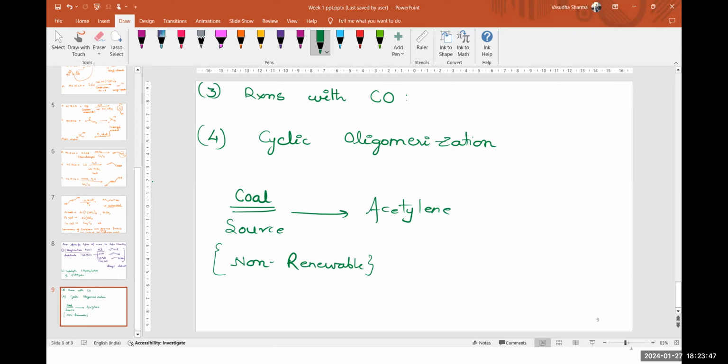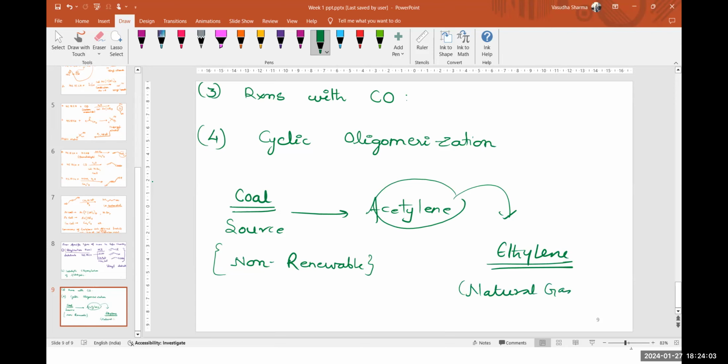Nowadays, acetylene is sometimes being overlooked in favor of ethylene, because even though the ethylene source also comes from natural gas and crude oil, getting ethylene is way easier compared to acetylene. Whatever reactions we obtain from acetylene, we can get from ethylene also.